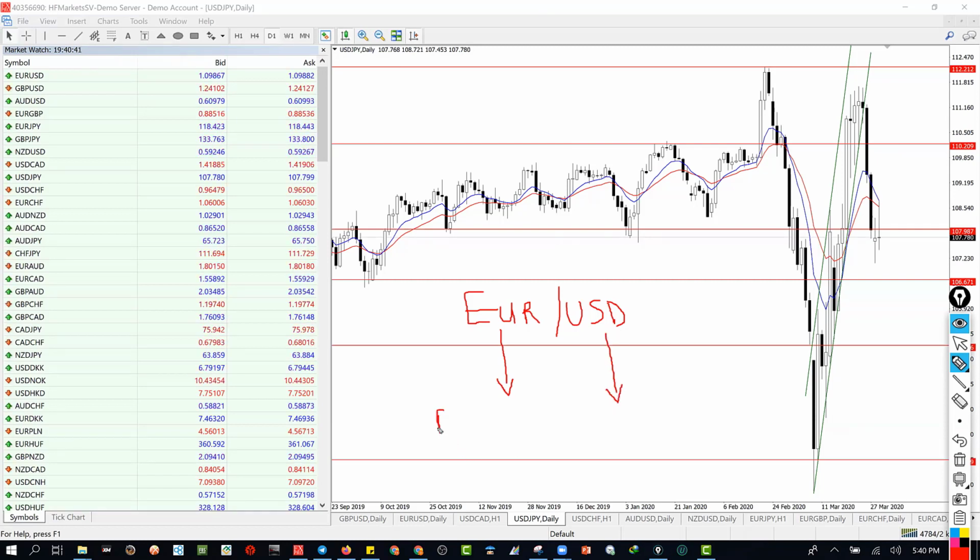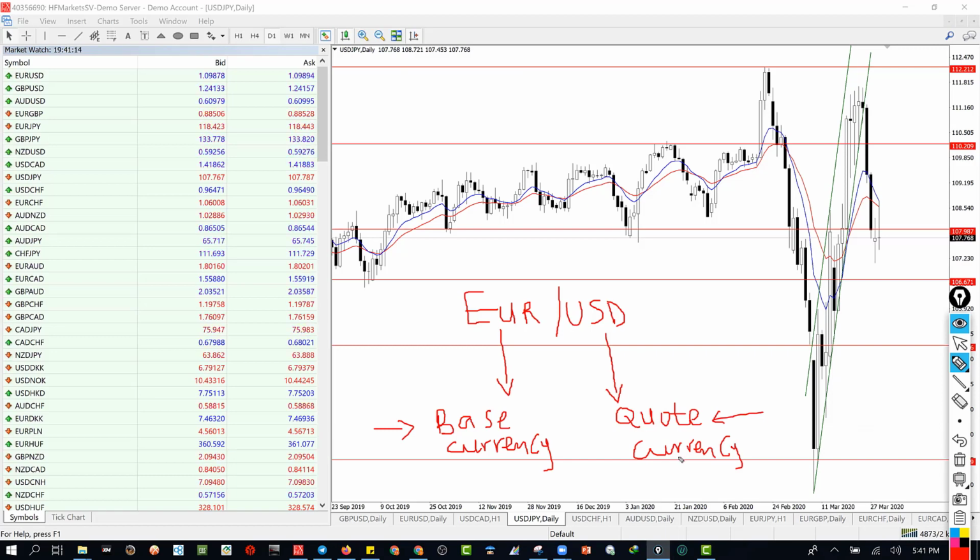This is the base currency, while the second currency is the quote. So the first currency at your left hand side is the base, while the second currency at your right hand side is the quote.